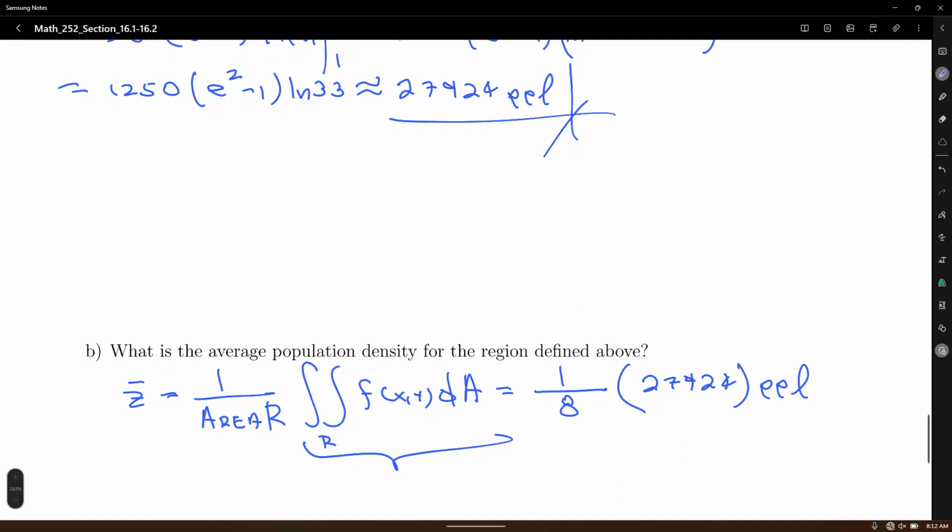Simplifying, this is approximately 3,491 people per square mile, because this is a population density. So we need a ratio of units here. So that's roughly how many people live per square mile. So not the actual population.